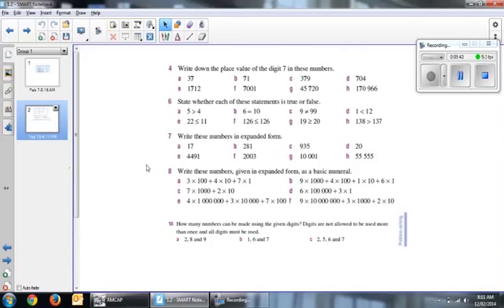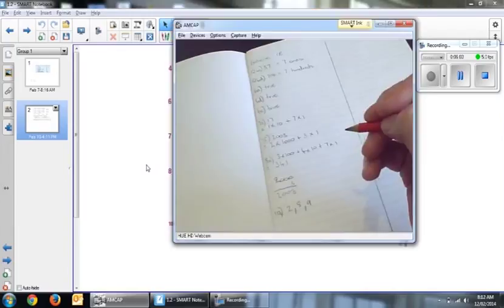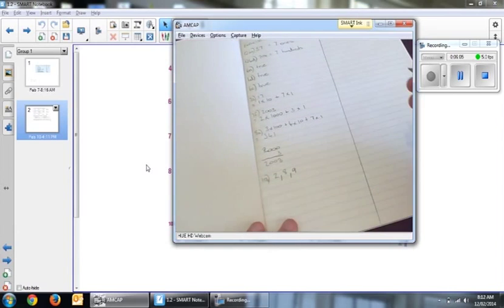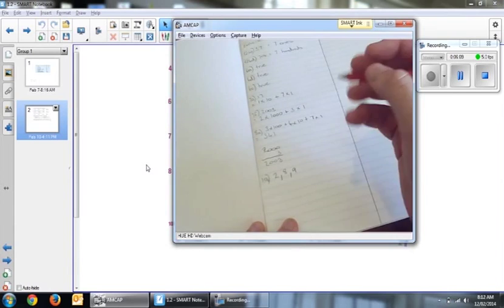We're going to have a quick look at problem solving question 2. How many numbers can be made using the given digits? Digits are not allowed to be used more than once, and all digits must be used. We're going to have a look at A, and the digits that we're given are 2, 8, and 9. In this instance, we need to find out how many different numbers we can make.